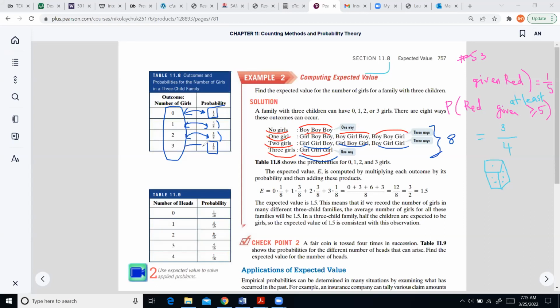So when you multiply these and add like they did here, they do some arithmetic and end up with 1.5 girls. I know it's not possible to have 1.5 girls, but probably if there were 4 children, it'd be more intuitive to say we expect to have 2 girls and 2 boys. Of course, it may not happen, but that's what we expect. That's the average.